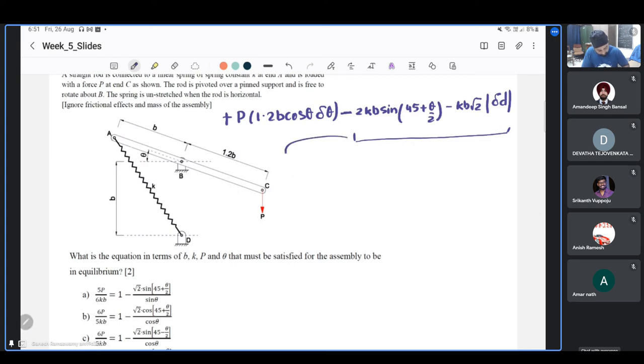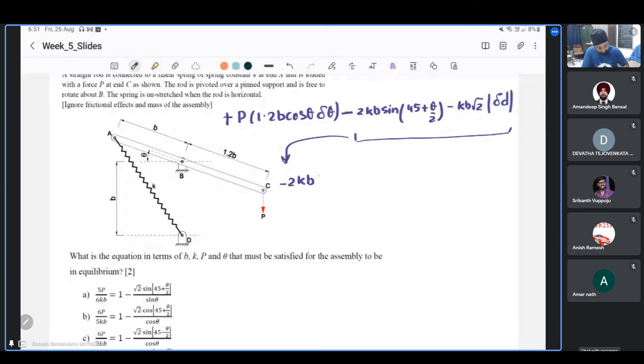Calculated separately, it will be minus 2 kb sine(45 + theta/2) minus kb root 2 into delta d. I won't take this minus as of now, I'm just calculating this.